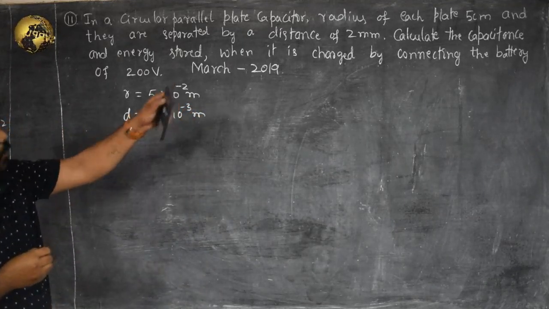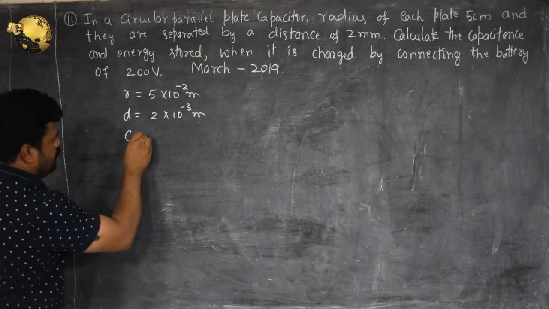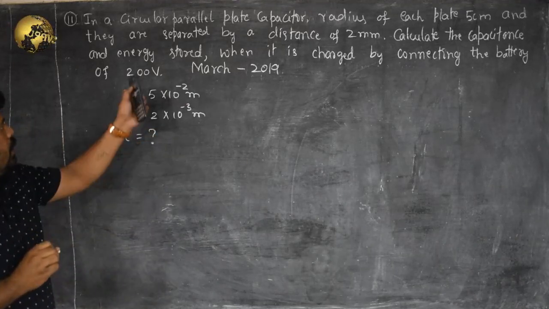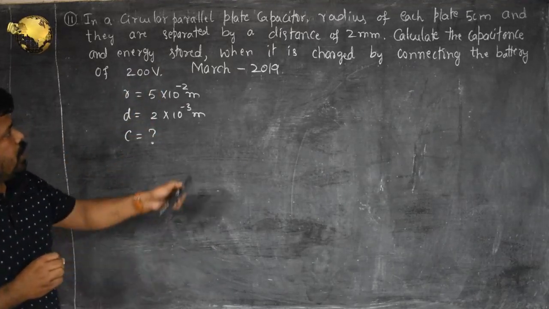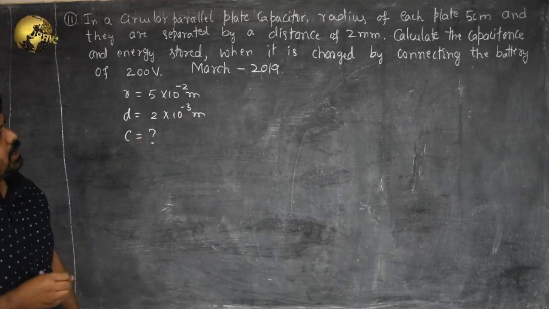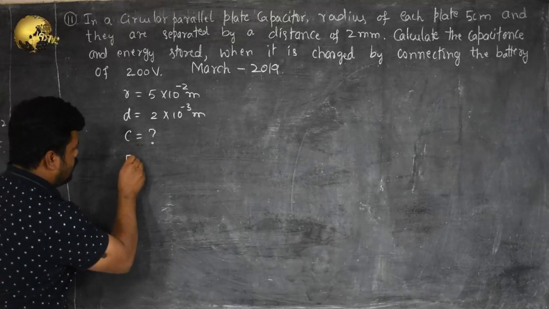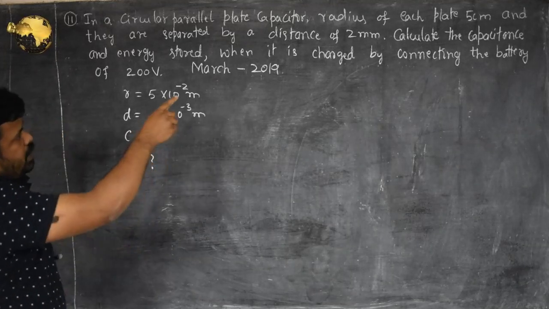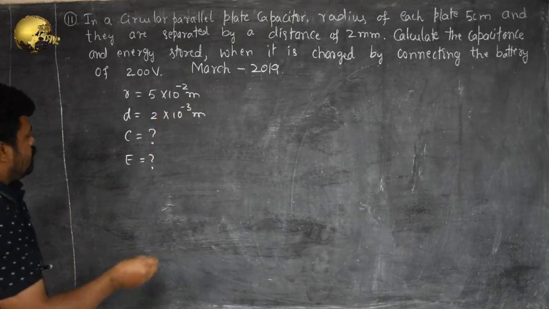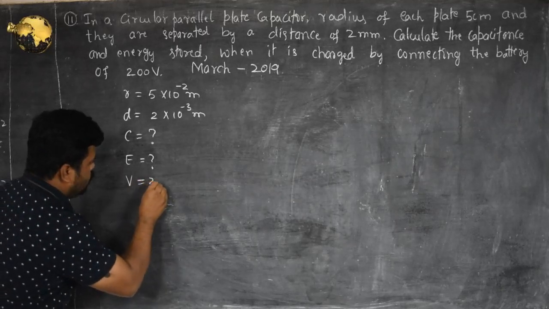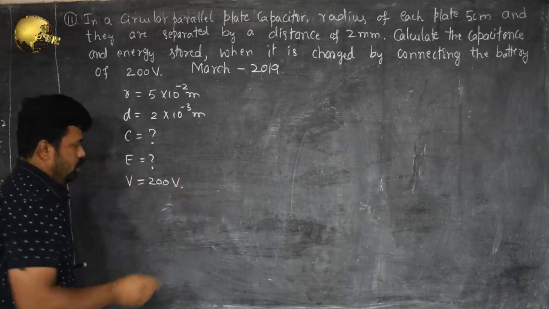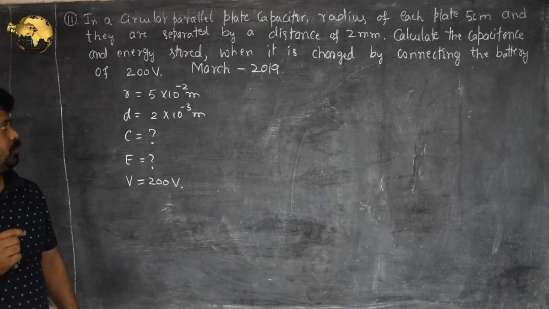Calculate the capacitance C and the energy stored when it is charged by connecting a battery, so the potential difference is 200 volt. So let's solve this.